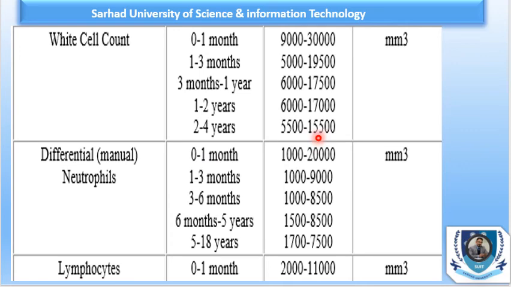And one thing to remember: in adult life we have a normal neutrophil count of 40 to 60, or sometimes 50 to 70. But in children you have different values, because you have lymphocytosis in the WBC count. So this is a very important tool.